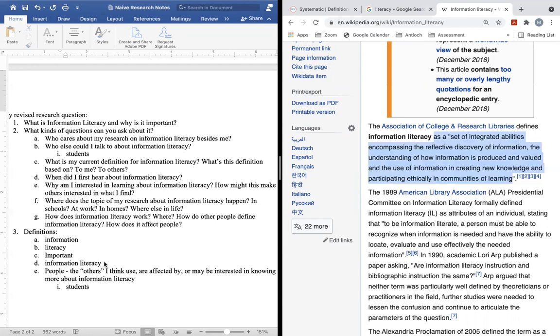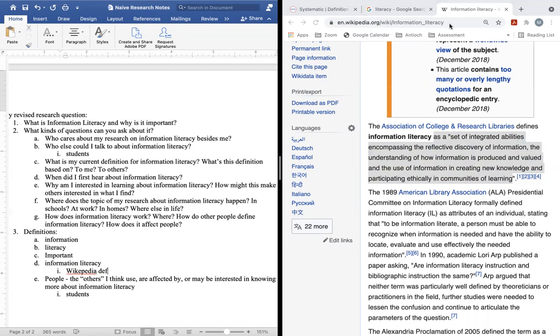So I definitely want to define it here. And then, because I'm just doing quick research, I'm just going to say, hey, this is my Wikipedia definition, and I'm going to copy that page and add it to my document.